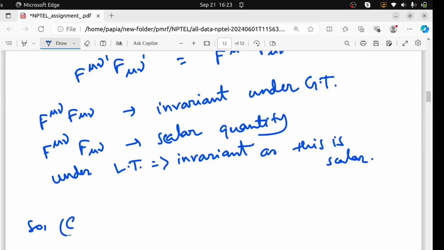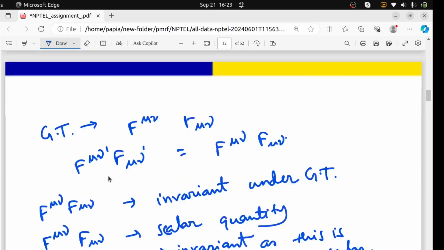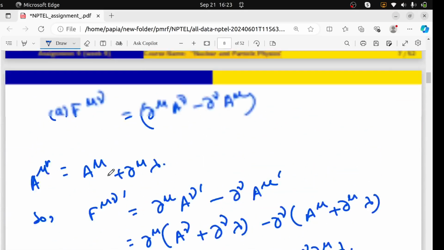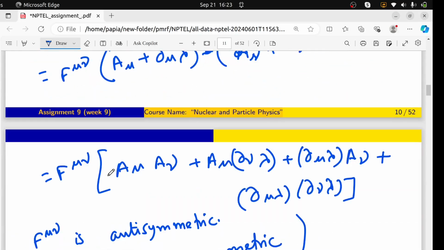So for the C option, F mu nu is gauge invariant as well as Lorentz invariant. Okay. Now coming to the fourth option.